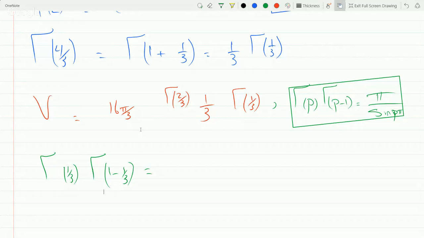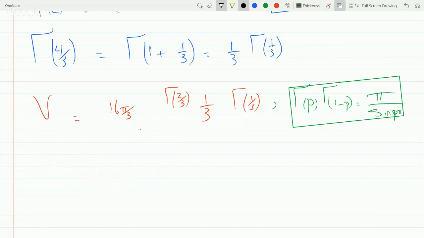Let's see how. We need to manipulate gamma of 1/3, gamma of 2/3. Oh yeah, that's why it didn't work out. I have those swapped. This is 1 minus p. Okay, so it does work out.